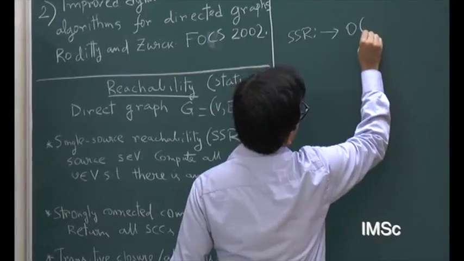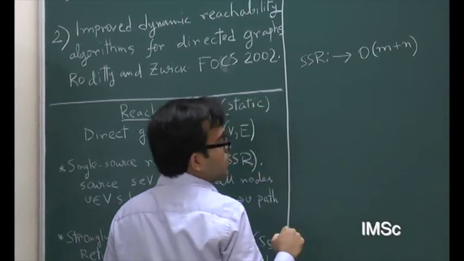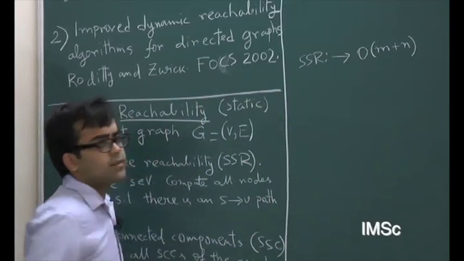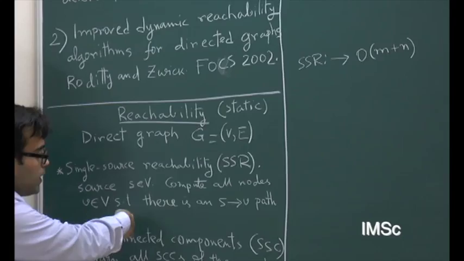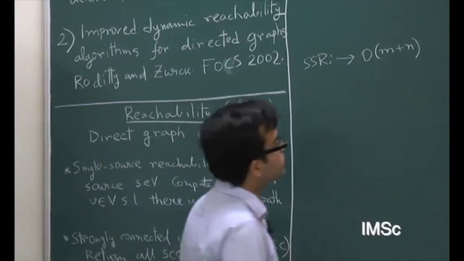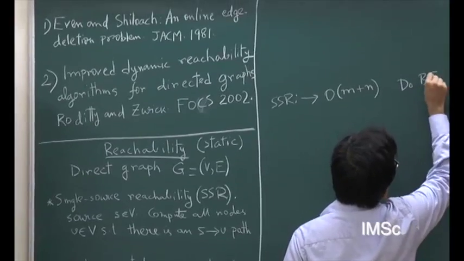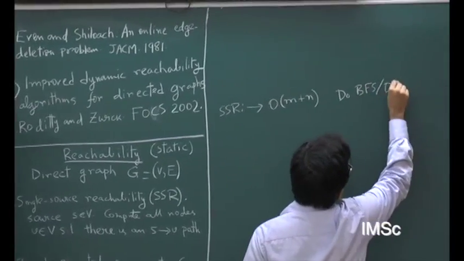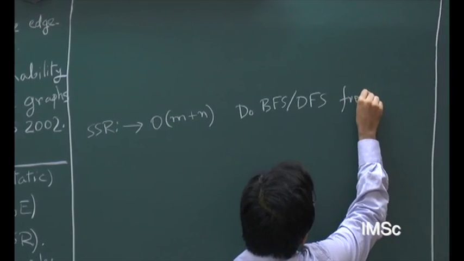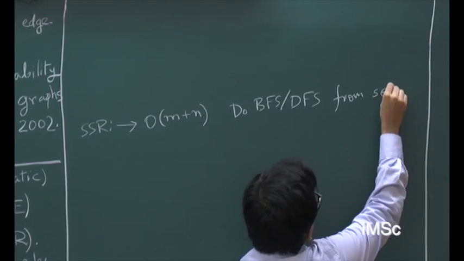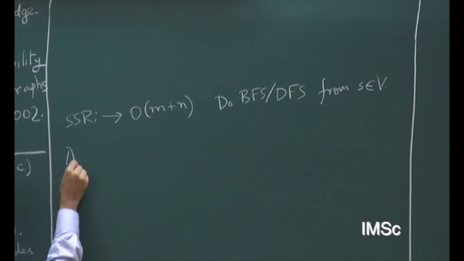So it's O of m plus n, where m is the number of edges, n is the number of nodes. Because you can just do a breadth first search or depth first search from this source node S, and you can get all the nodes that are reachable from this node. So, do BFS or DFS from S. This is the static setting.